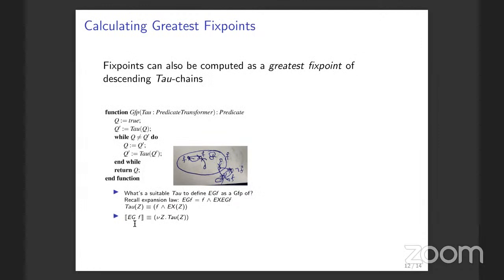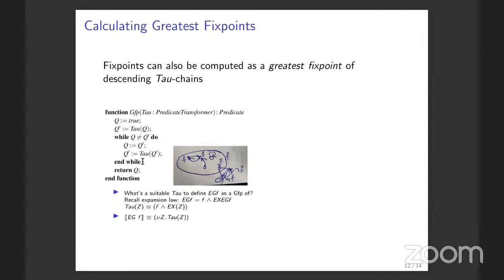So the claim is EG of F can be denoted as the greatest fixed point. The notation used is nu, and that is computed using a conjunction of a descending Kleene chain. When I say Kleene chain, what I mean is tau of true, starting with true, that is tau 0.